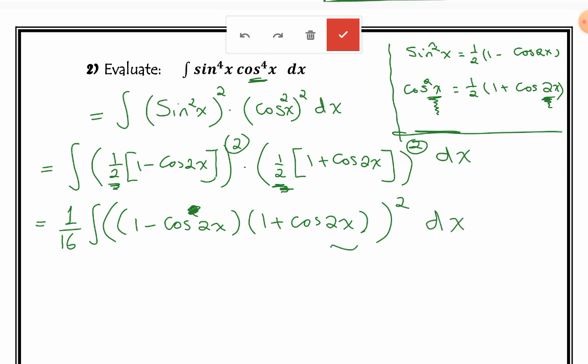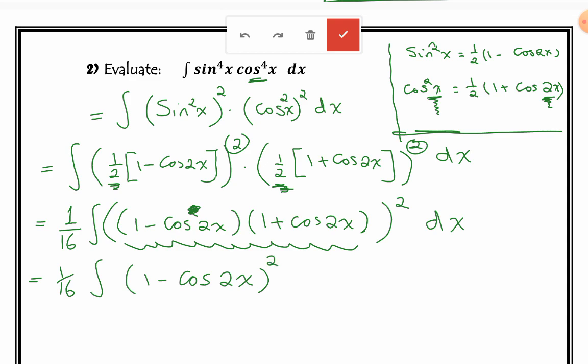We know that 1 plus cosine 2x times 1 minus cosine 2x can be written as 1/16 the integral of 1 minus cosine squared 2x, and this all to the power of 2 dx.